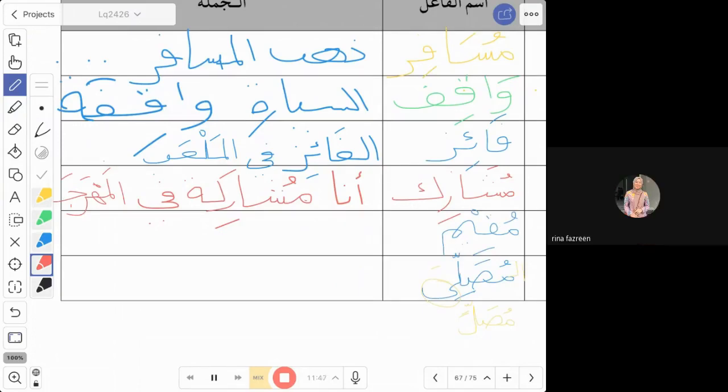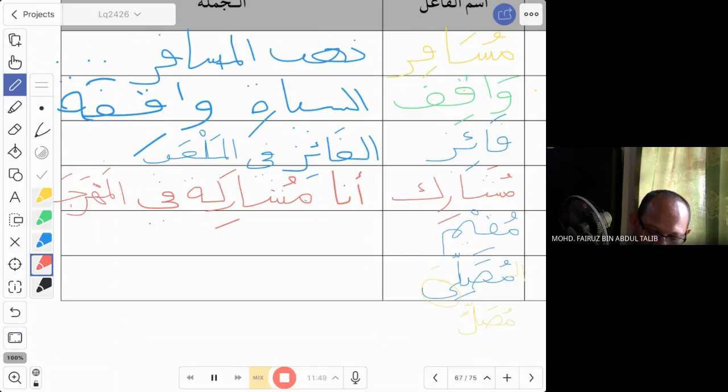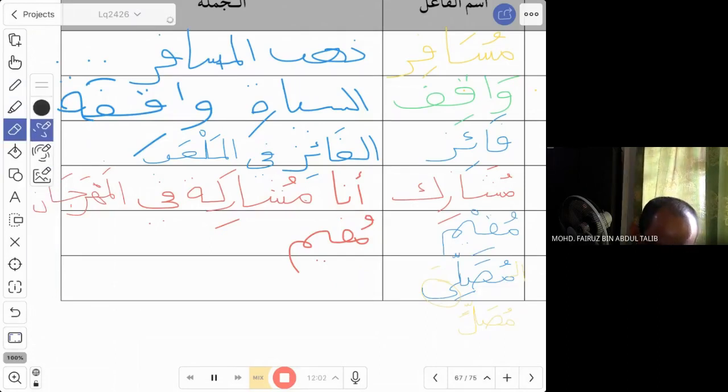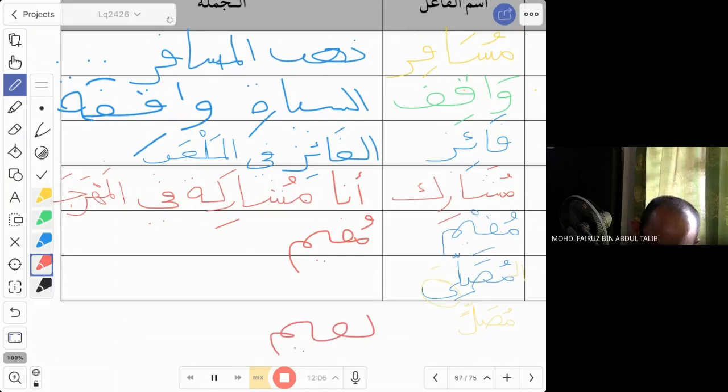So you can say Muqimun Muhammad fi Kuala Lumpur. Okay. If you write Muqimu Muhammad, this is similar to the way you write a fi'il. Jumlah fi'liyah. Right? As if you are saying yuqimu Muhammad. If it is a fi'il, then the jumlah is sahih. You can say yuqimu Muhammad fi Kuala Lumpur.